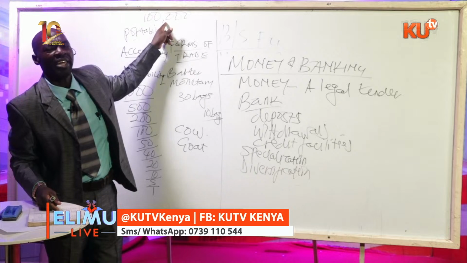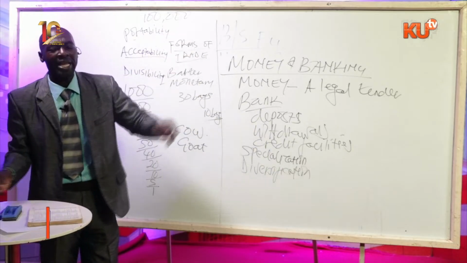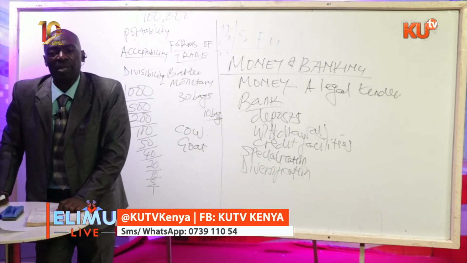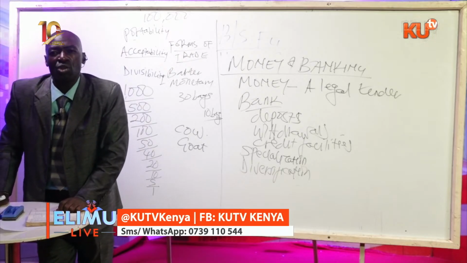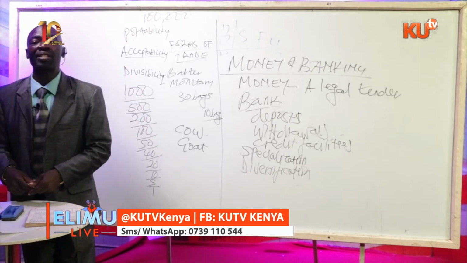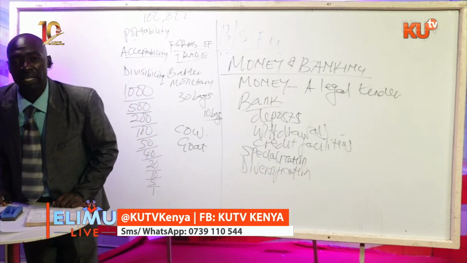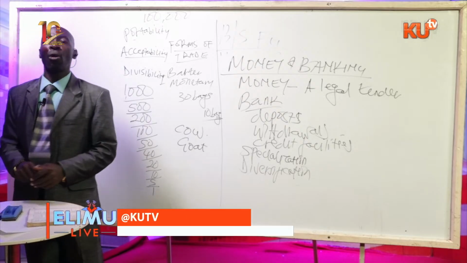I think it's a hen. So you find out that when money is in large sums, it's not convenient to be carried around. Because if you go to collect your salary on a wheelbarrow, then that particular currency lacks the feature of portability.